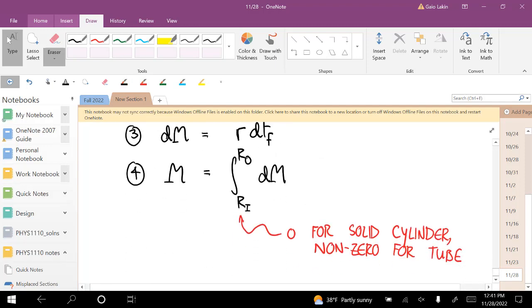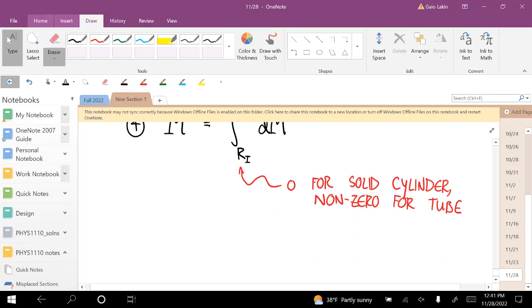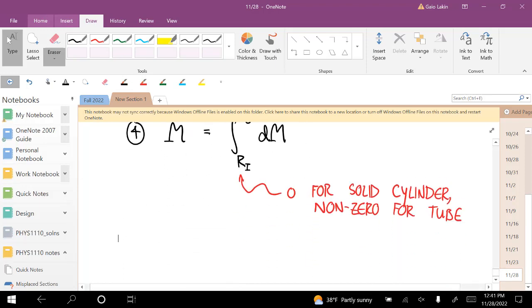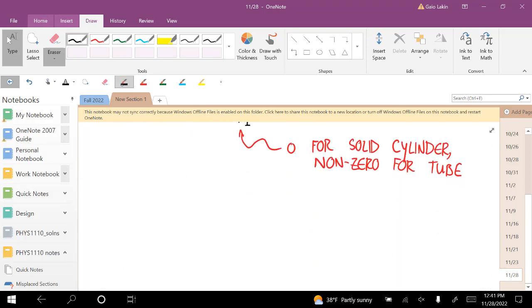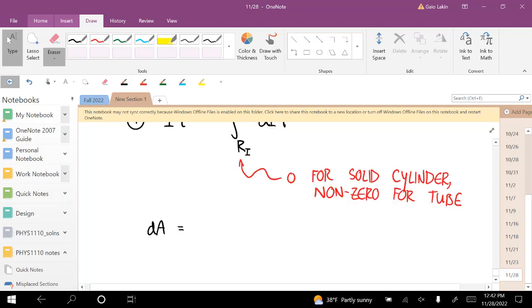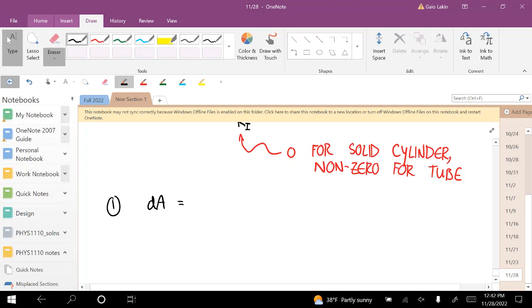Okay, so dA is equal to, so this is like the first step, dA is equal to 2 pi times little r dr. Okay.